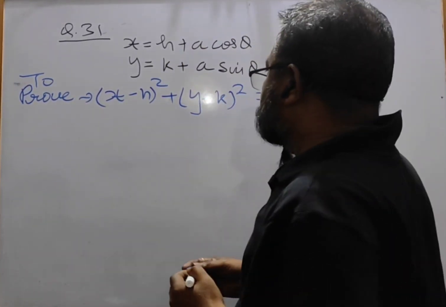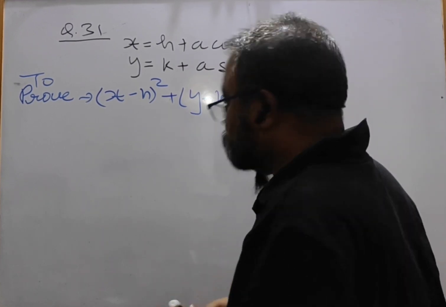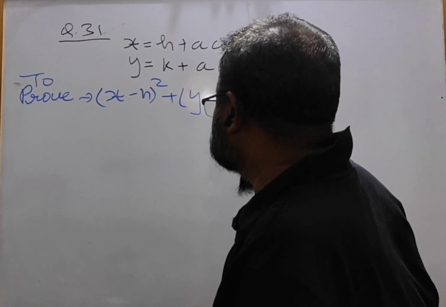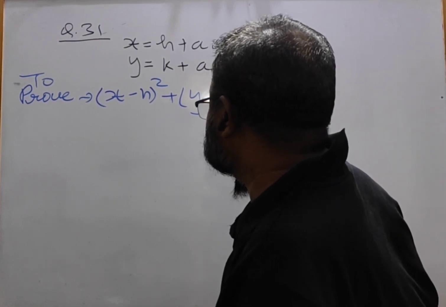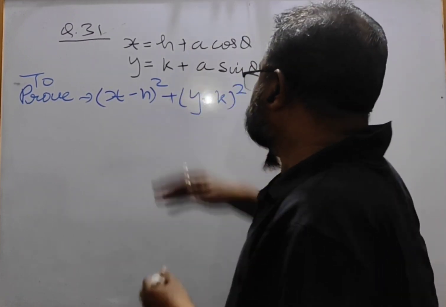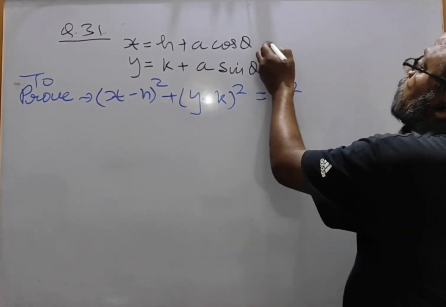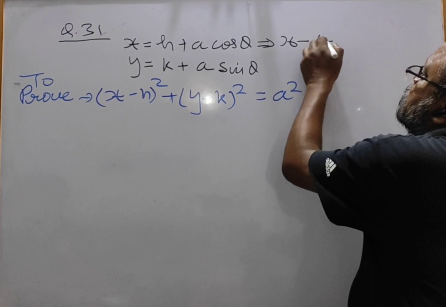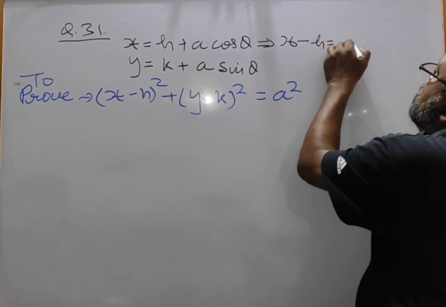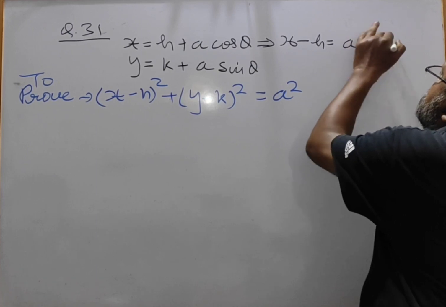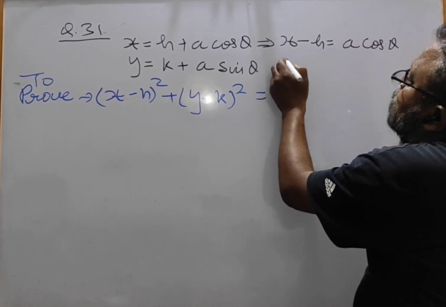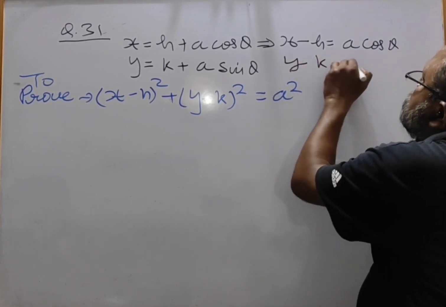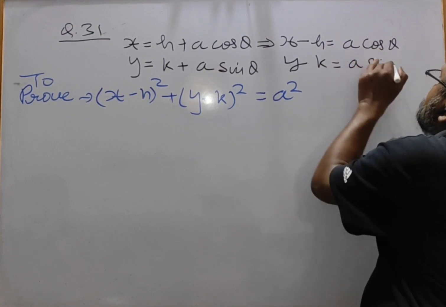Right? So what you can do, you bring this, you write it like this, that x minus h is equal to a cos theta, and you write here y minus k is equal to a sin theta, right?